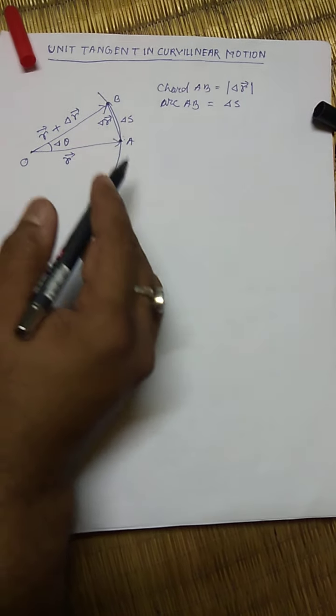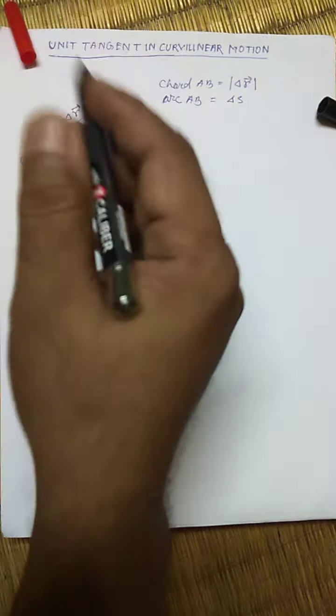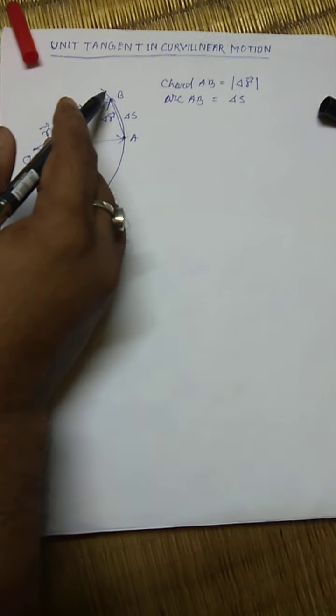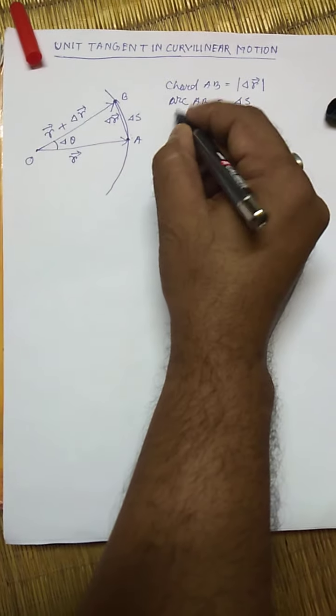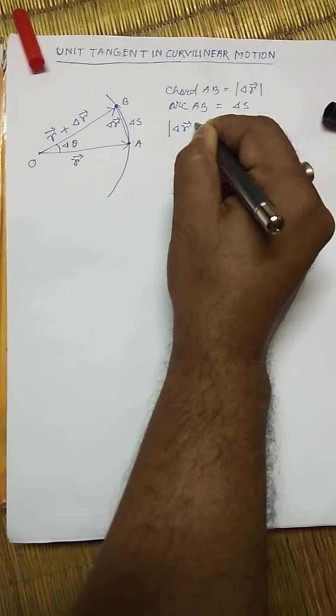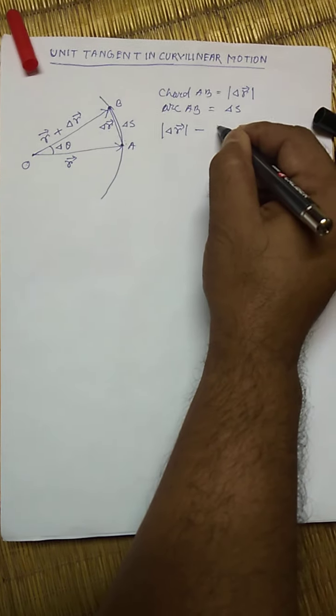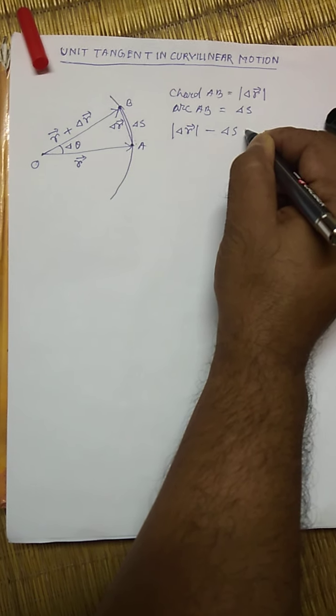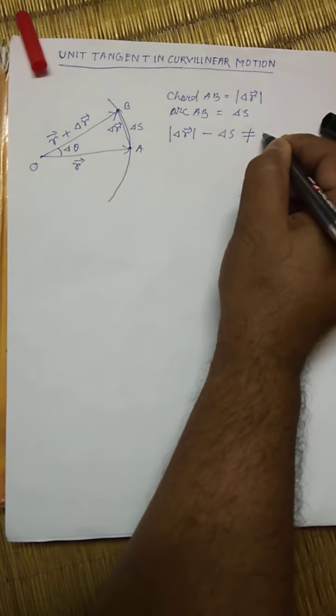The arc is always greater than the corresponding chord. Thus we can write the magnitude of delta vector r minus delta s is not equal to 0.